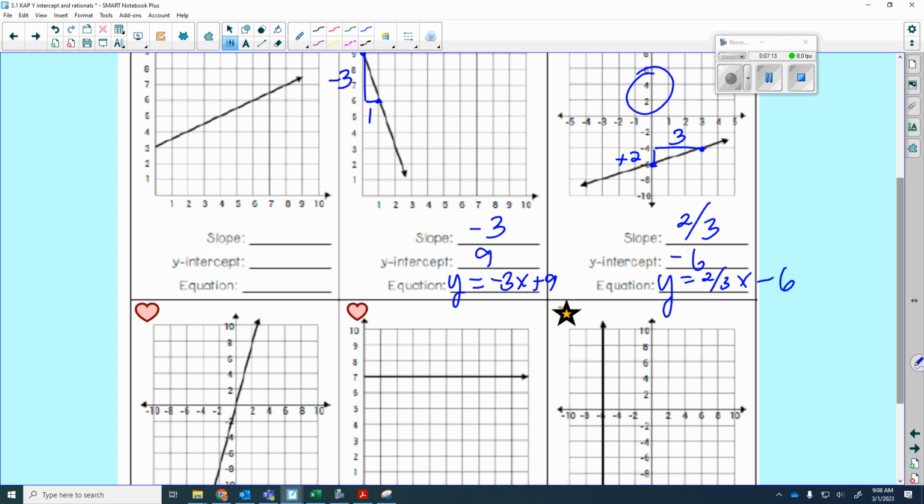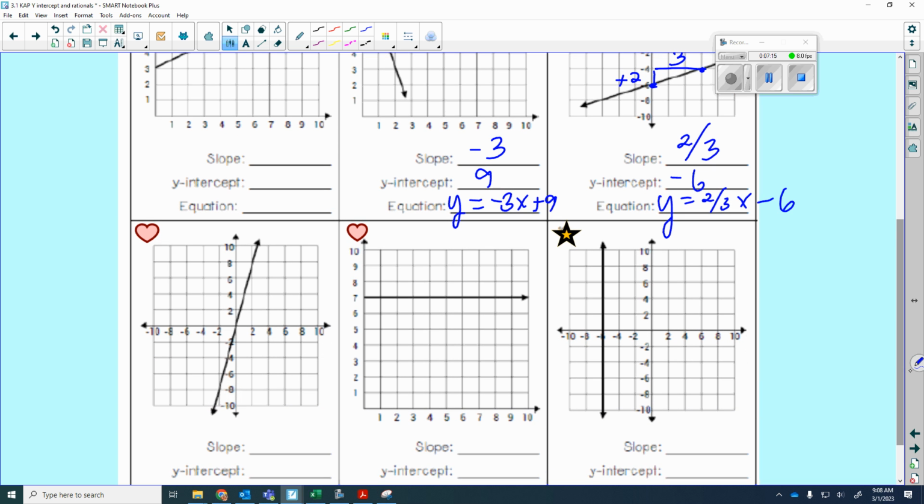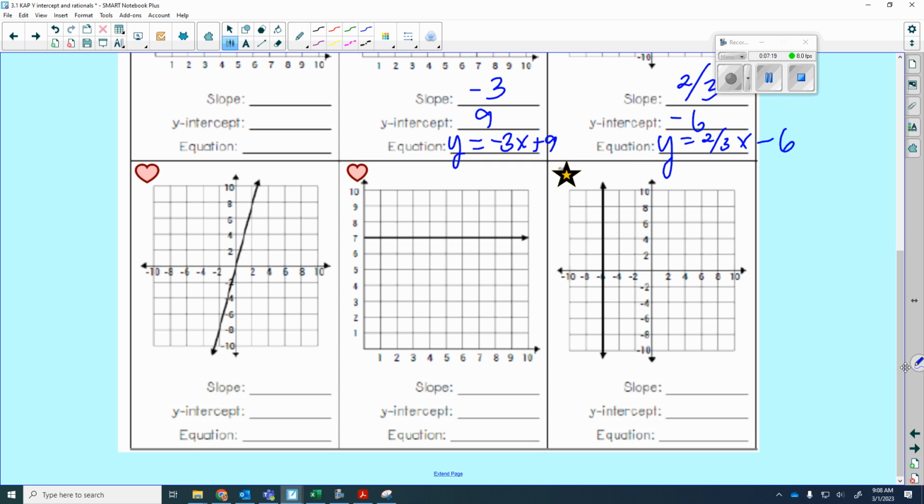Okay. All right. Let's skip down here to this vertical line. We briefly talked about a vertical line the other day. Tell me about the slope of the vertical line. It is undefined, because, let's refresh our memories.